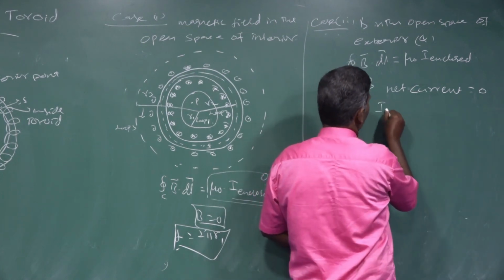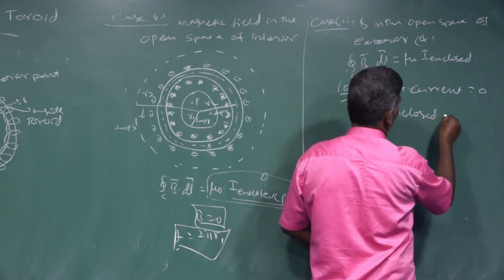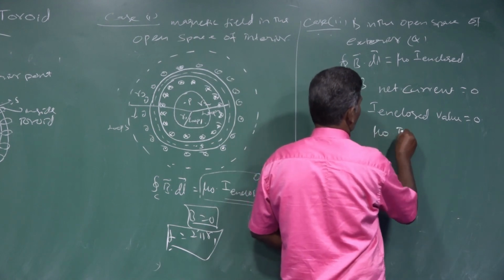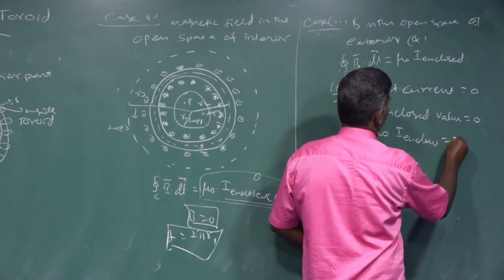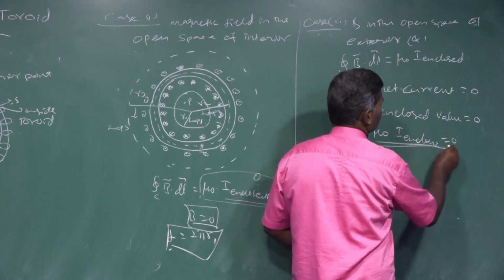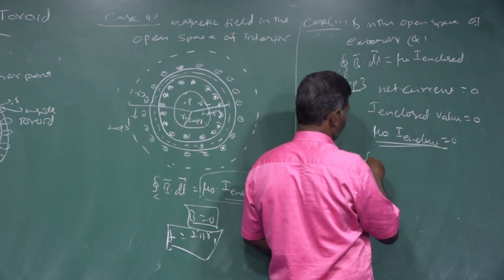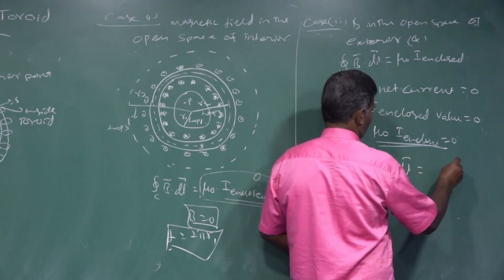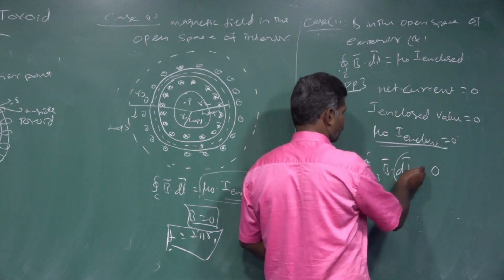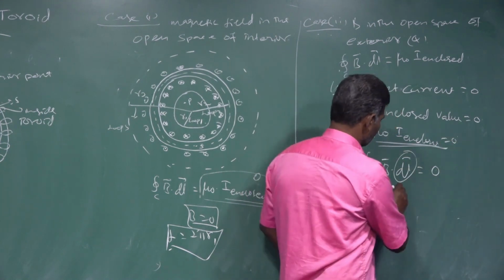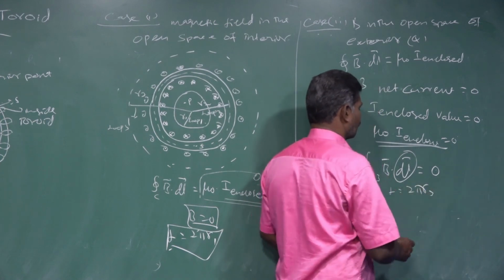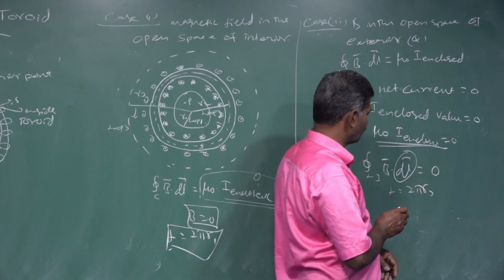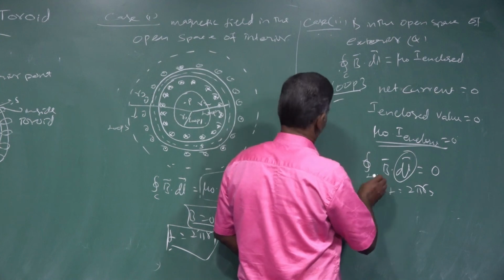That's why I enclosed is equal to 0, so mu naught into I enclosed equals 0. The right side is fully 0, so for loop 3, B vector dot dl vector equals 0. Even though the perimeter of that loop is L equal to 2 pi R3, we have no magnetic field because the net current is 0. That is case 2.